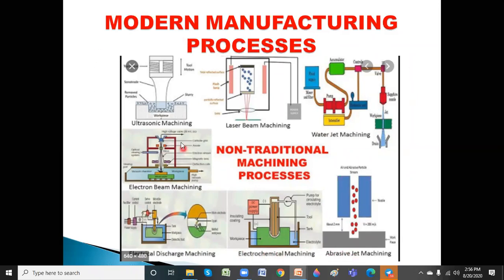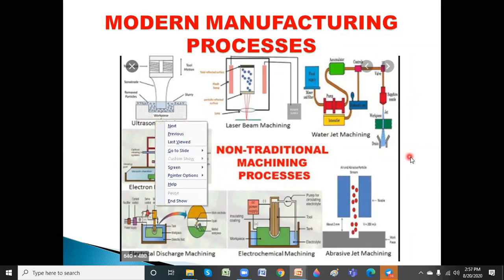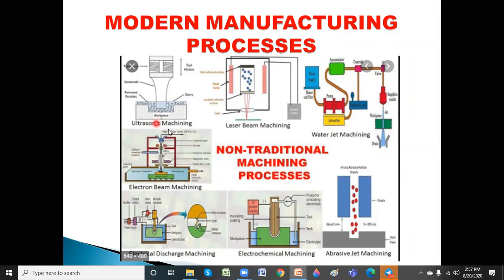Now you just see here, machining carried out using ultrasonic waves is called ultrasonic machining. I'll be using a laser beam for machining, that's laser beam machining, and the electron beam, that's electron beam machining. Electrical discharge uses electrical energy, that's electrical discharge machining.